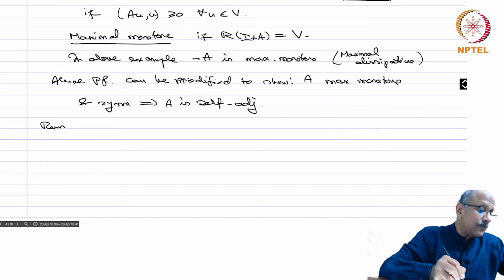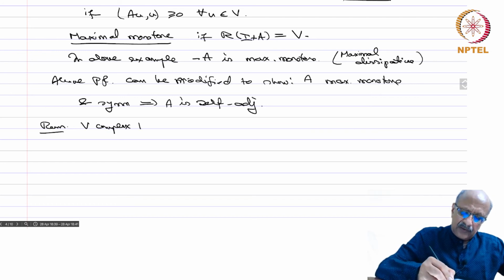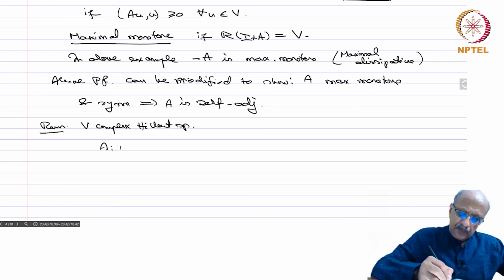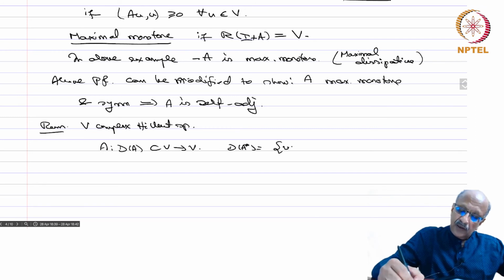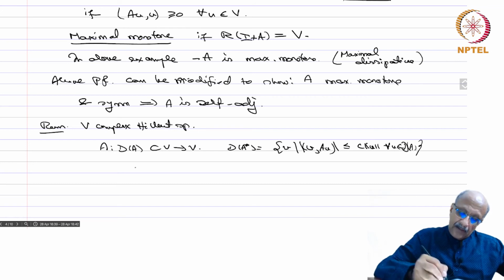Then remark. If you had a real Hilbert space, we just identified V with V star and defined the adjoint of a map from V to V. But if V is a complex Hilbert space, we can still do this. So A from D of A contained in V going into V, again you define D of A star as the set of all v such that the absolute value of (v, A u) is less than C times the norm of u for all u in D of A, and you have A star v.